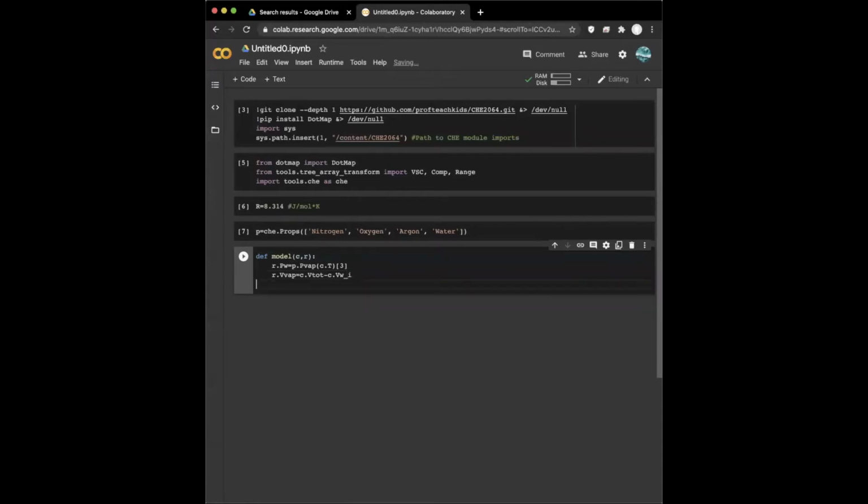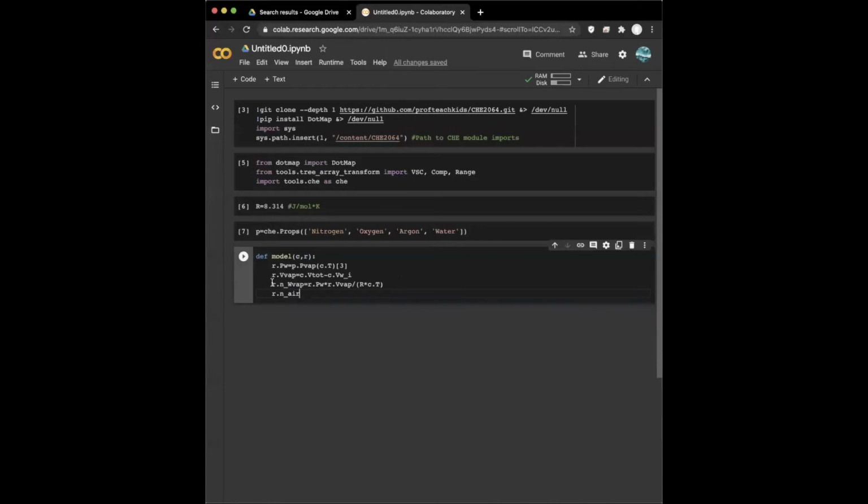And then we are going to have R dot N underscore WVAP, so water vapor, equals R dot P water times R dot volume of vapor form divided by R, which is this value, times the temperature. And then we're going to have R dot N of air.